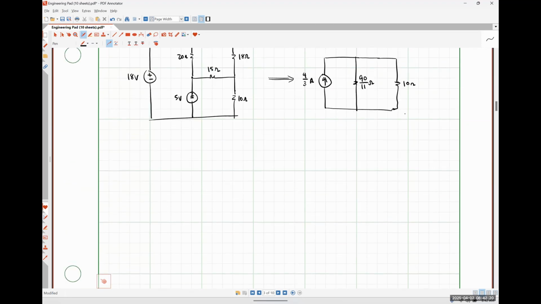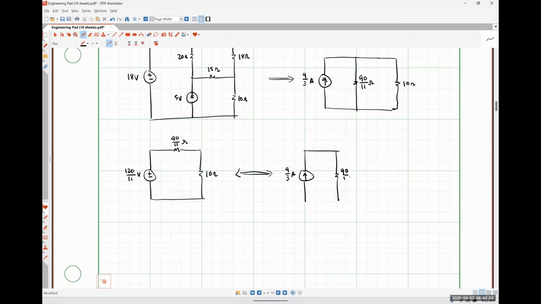So essentially, what I'm implying is that 120 over 11 volts in series with 90 over 11 ohms in series with a 10 ohm resistor is electrically equivalent to 4/3 of an amp in parallel with a 90 over 11 ohm resistor in parallel with a 10 ohm resistor.